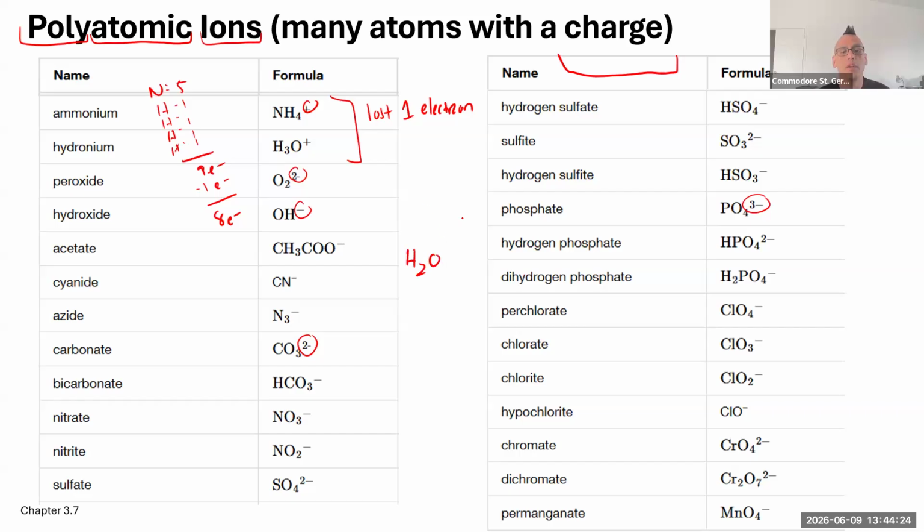H2O, right? There's no plus, no minus. So no charge, right? So you want to look up and to the right of the molecule or the atom, and if there's no number there or no symbol, no plus, no minus, no numbers, those are neutral atoms or neutral compounds.